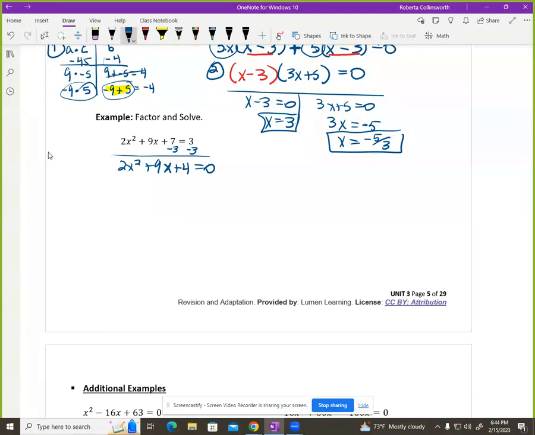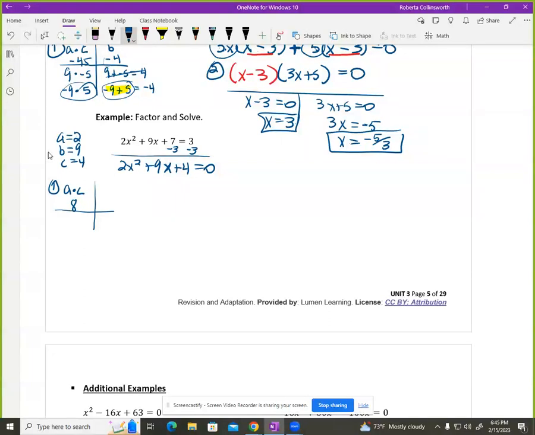So I'm going to go through the same process that I just went through. Step 1: let's write our A, B, and C. A is 2, B is 9, and C is 4. Step 1 says to take A times C. A times C is 2 times 4, which is 8.